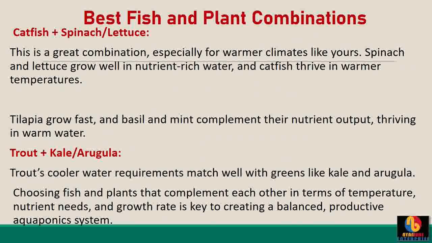We have best fish and plant condition. We have catfish for spinach and lettuce. You can do tilapia too for lettuce and spinach, but we are choosing the catfish because it releases more ammonia, which turns into nitrite and gives more nitrate to be turned into nutrients for the plant.